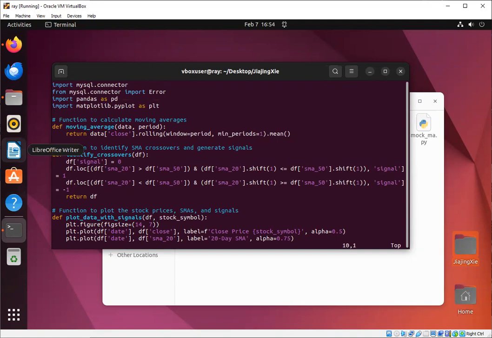In here, we calculated the SMA 20 and SMA 50 using the close price and the crossover points.